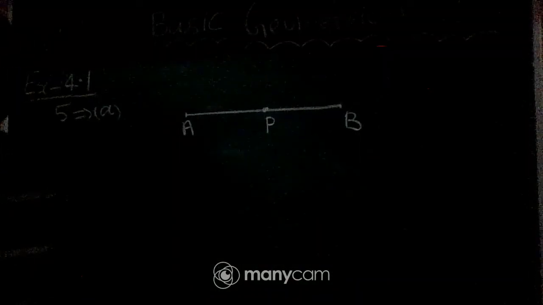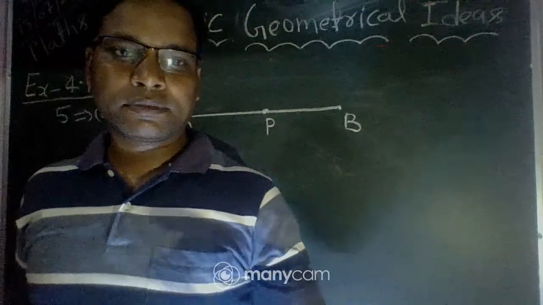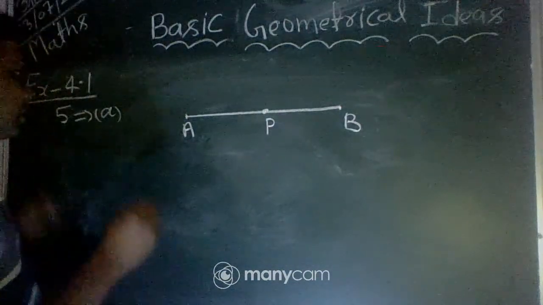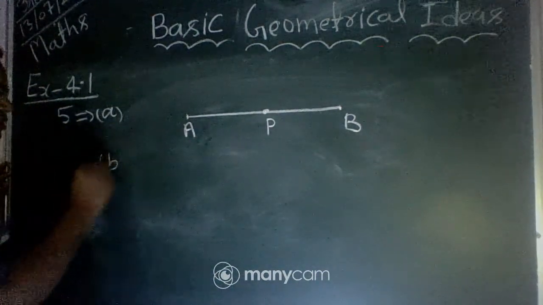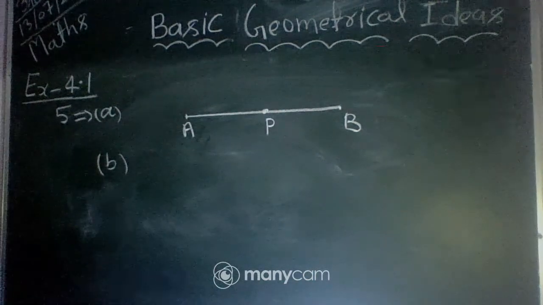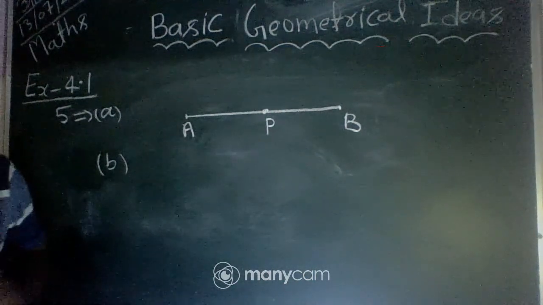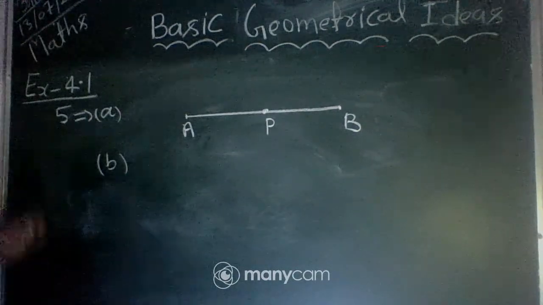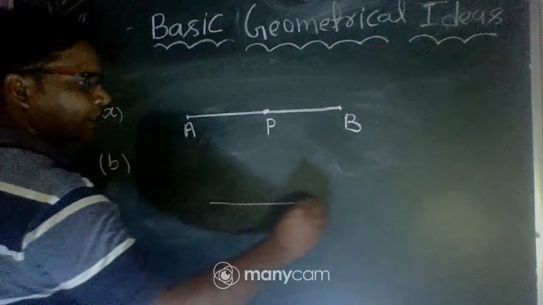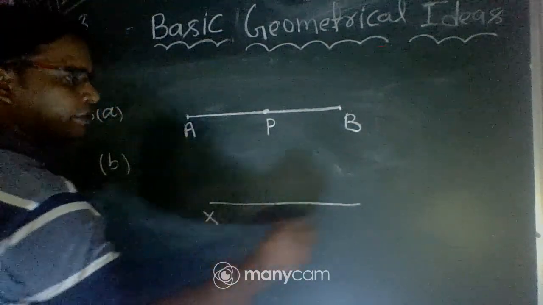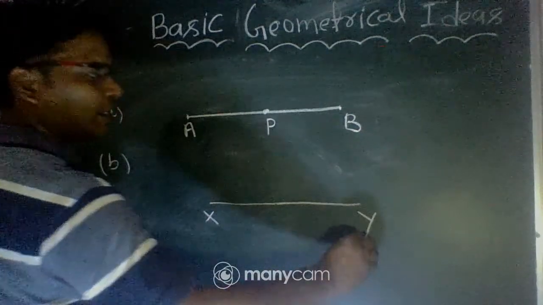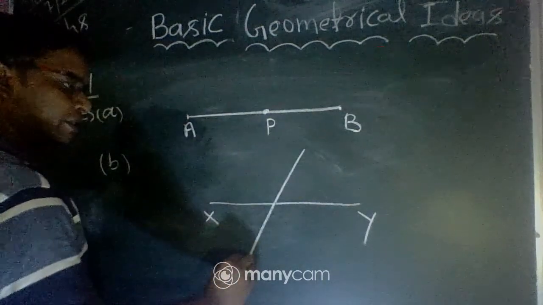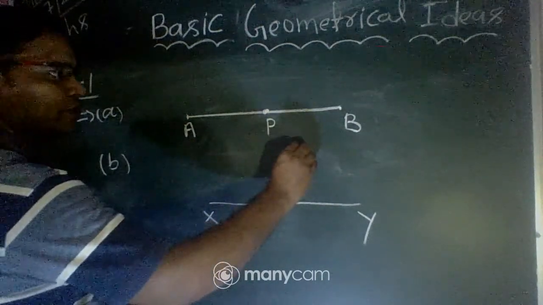B part of this question 5 is that line segments XY and PQ intersect at M. This is line segment XY and suppose this is line segment PQ.